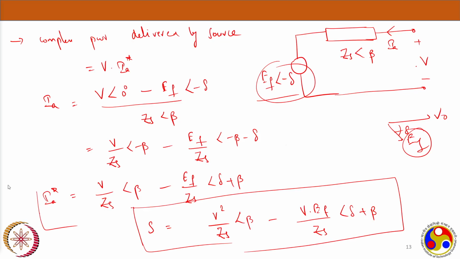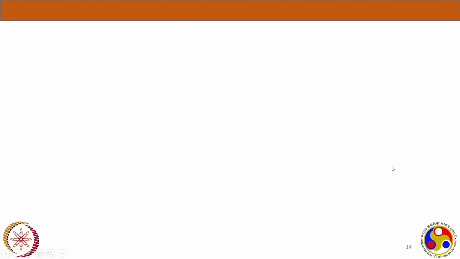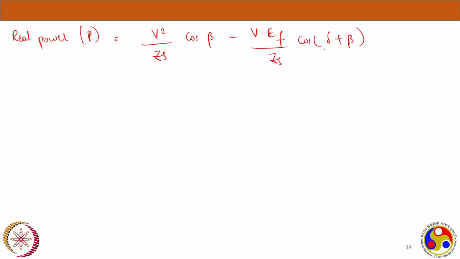So I'm just writing the real power P: V square by ZS cos beta minus V into EF by ZS cos of delta plus beta. So yeah, you can further modify it. Actually, this beta is decided by the resistance and the reactance. So here, if you neglect, ZS is Ra plus jXs, right?